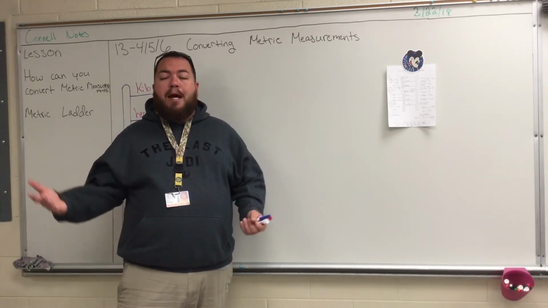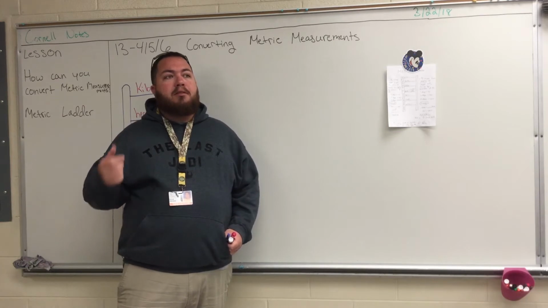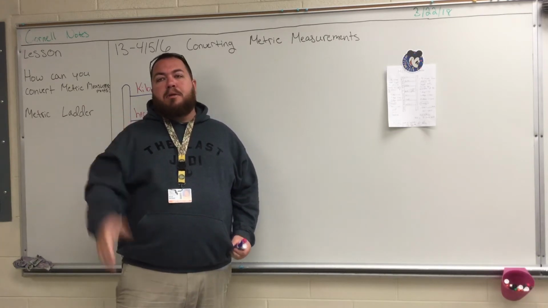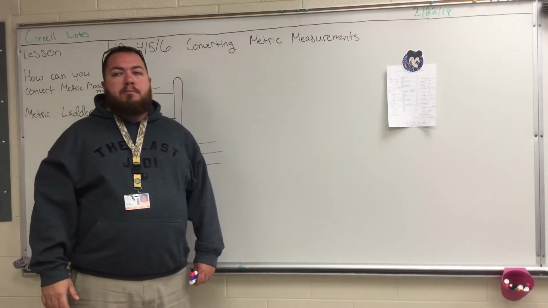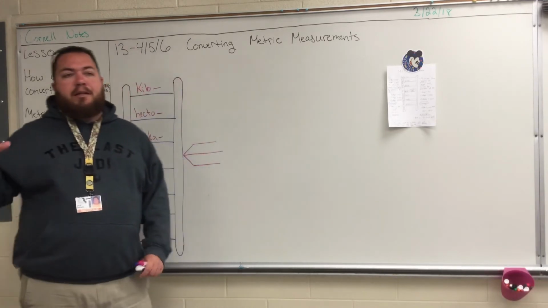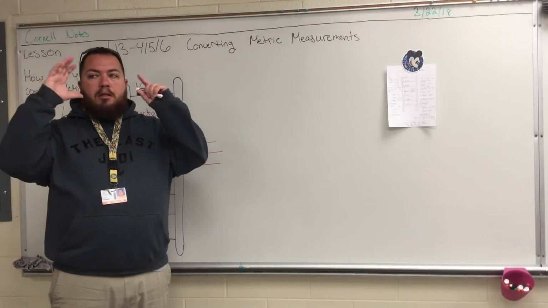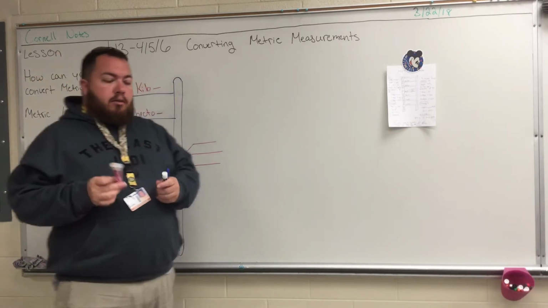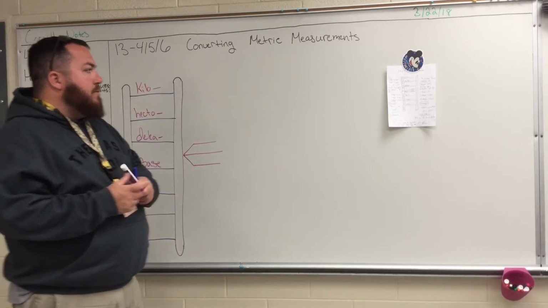For weight, we had ounces and pounds, right? Well, in the metric system, everything's based off the same base 10 category. The only difference is the bases are named differently.